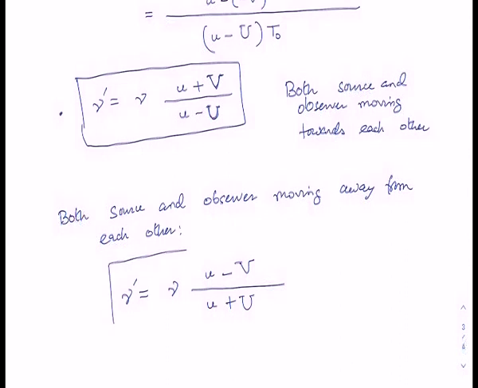So this is what you are going to get, and you see effectively the frequency of sound as measured by the observer is now going to reduce, and this is reinforced by the numerator and denominator. Numerator is decreasing, denominator is increasing, thereby overall the frequency as measured by the observer is also going to decrease, okay. So now as we have learned how to derive these formulas for various cases, let us work out some problems.